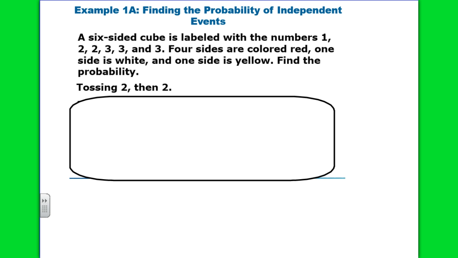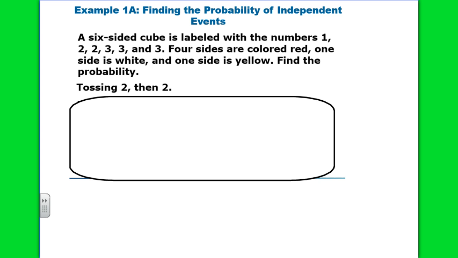Okay, a 6-sided cube is labeled with, look at what it's labeled with. Not your classic 6-sided die, right? This has 1, 2, 2, and 3, 3, 3. And then 4 sides are colored red. 4 of them are red. 1 is white and 1 is yellow. So let's find the probability of tossing 2, then 2.